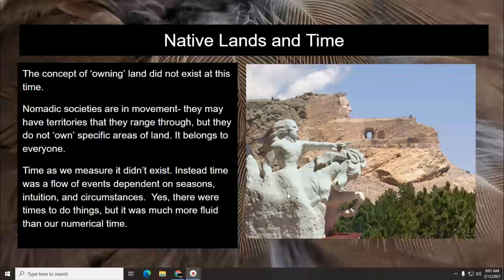Native lands and time: the concept of owning land did not exist at this time. Nomadic societies were in movement. They had territories, but they didn't own the land, so they did not really understand what it meant to say, I'm buying this land. And time as we measure it by hours and minutes and numbers didn't exist.